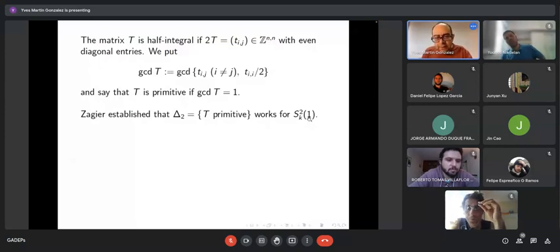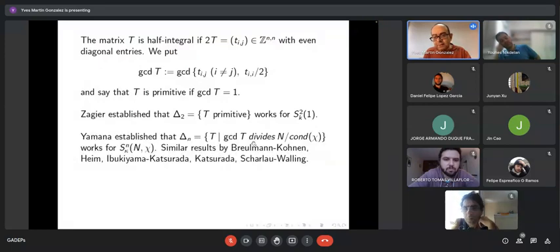If you take all matrices T such that its GCD divides this big N by the conductor of the character, then you have a collection of matrices T where this property holds, the GCD of T divides this fixed number N divided by the conductor of chi, then this is also a good set.